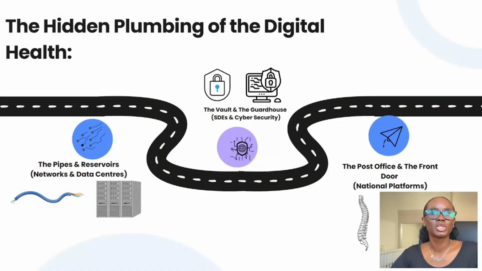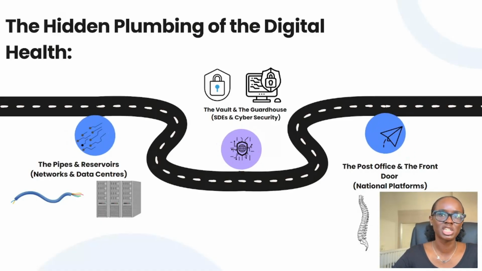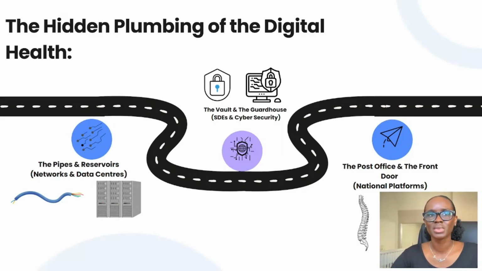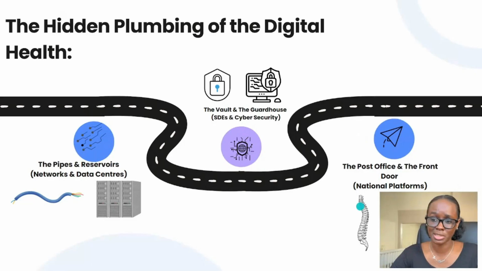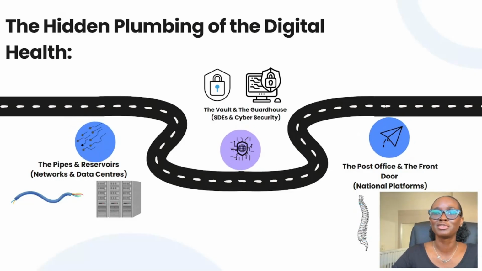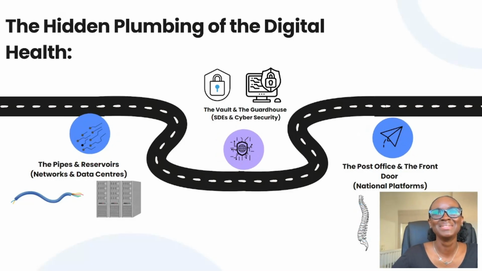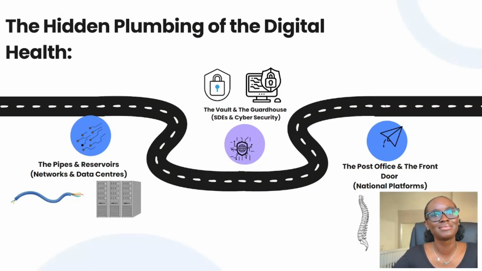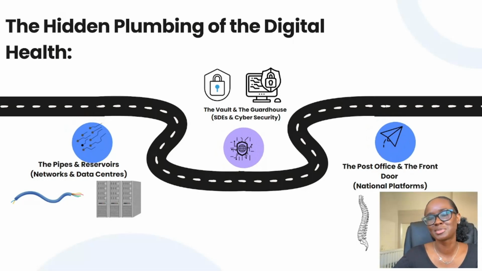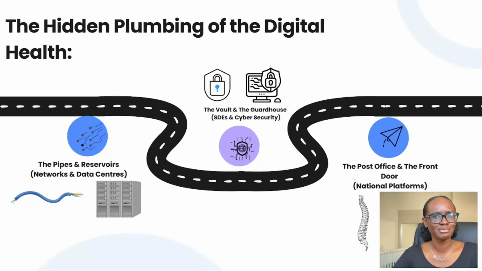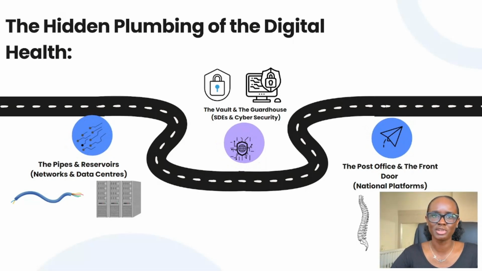So when your hospital needs to tell your GP about your discharge, it often goes through the spine. And if you're in the healthcare industry, you know what the spine is. It's not actually someone's spine. It's the name of a software called Spine. And it provides key services like the Personal Demographics Service, the national address book for patients, ensuring that your data actually gets to the right address.